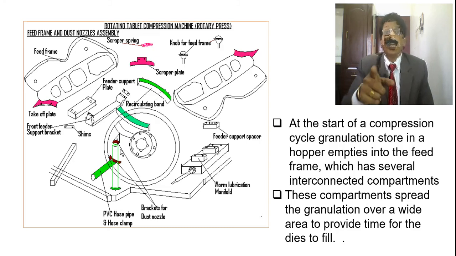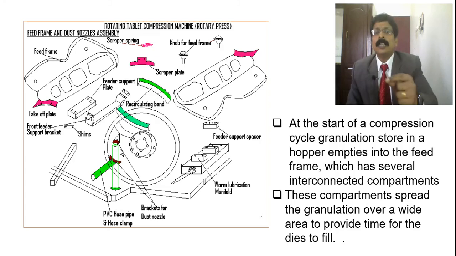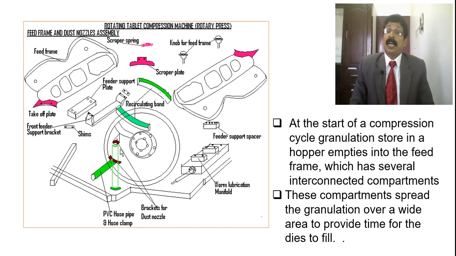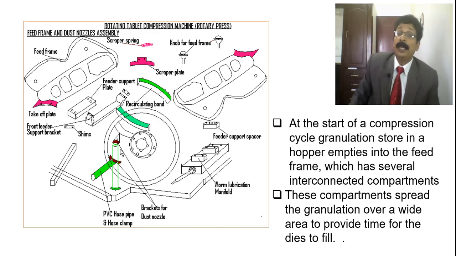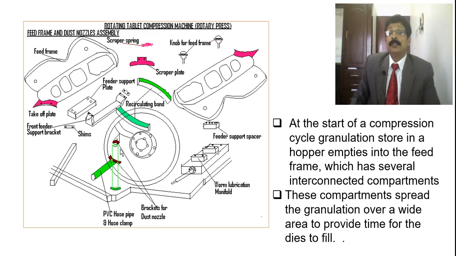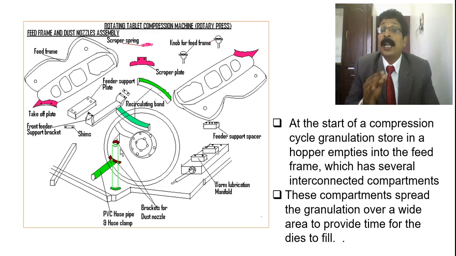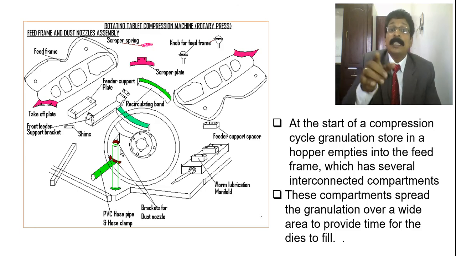So you see here in this slide I have made some points. At the start of a compression cycle, granulation stored in a hopper empties into the feed frame, which has several interconnected compartments. That is, there are some holes I have put, there will be interconnected compartments.